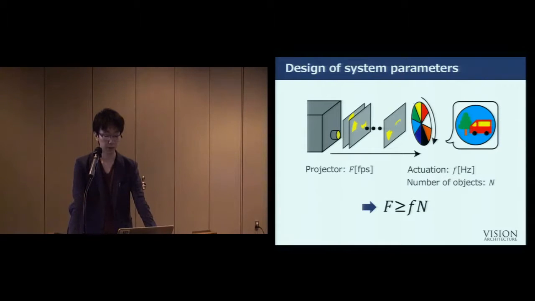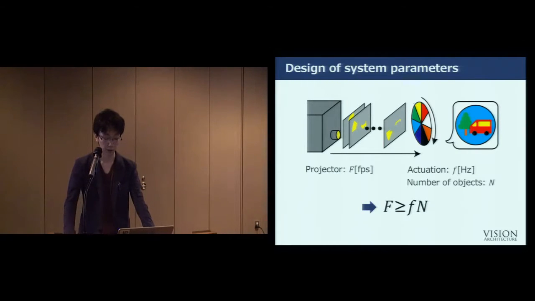In our system, there are three key parameters. The periodic frequency of actuation is related to refresh rate of pixel display. To keep the visibility, small f is determined to be around 30 Hz. This parameter is related to critical fusion frequency. The number of objects are related to degree of freedom for appearance expression.